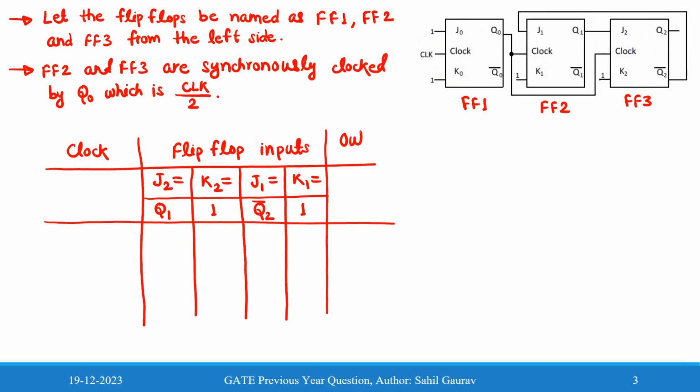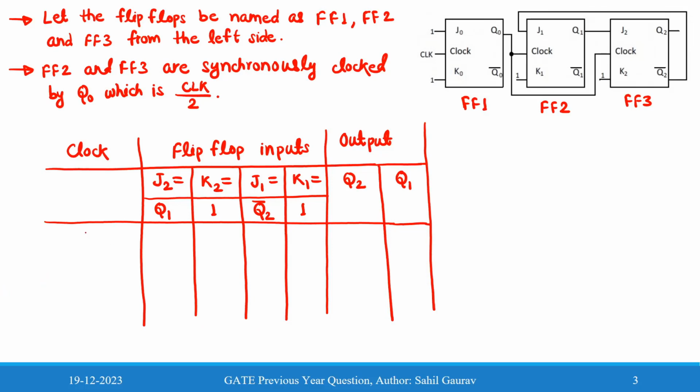Now make the outputs of the flip-flops. The outputs are Q2 and Q1. Q1 is the output of flip-flop 2 and Q2 is the output of flip-flop 3.